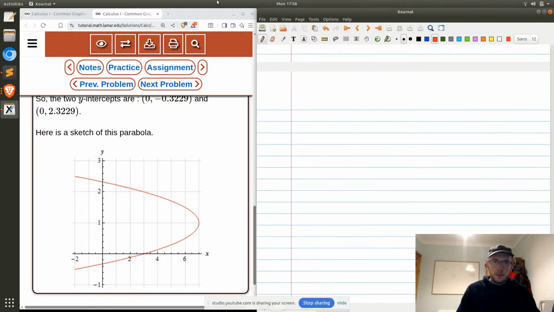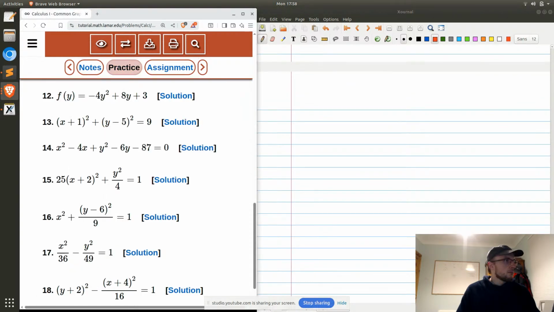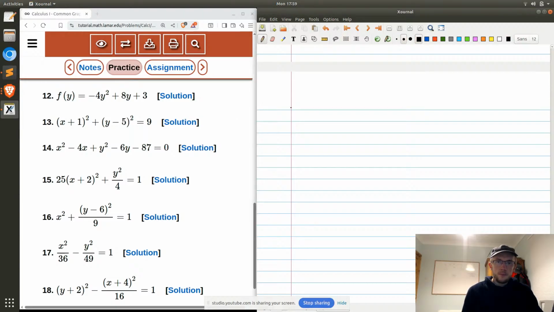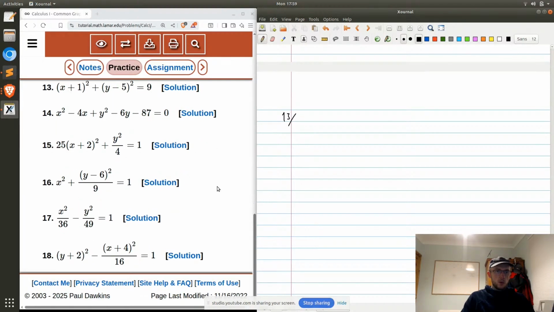All right. So, for the 13th one, we are presented with a circle to graph, whose center is at -1, 5, and whose radius is 3.